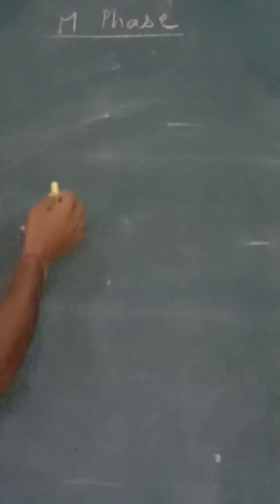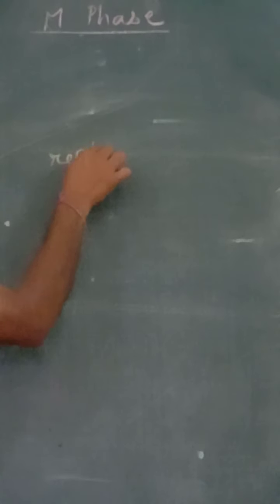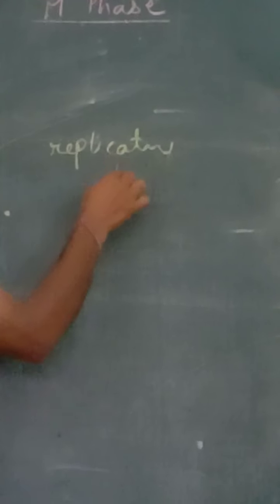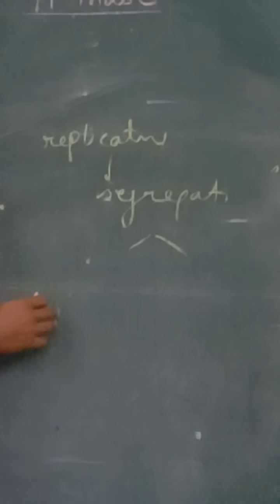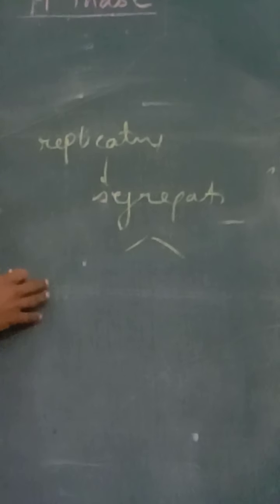So, from that figure, we can say that the process of first replicating the DNA and then segregating it into two parts is really a very difficult task for a cell.